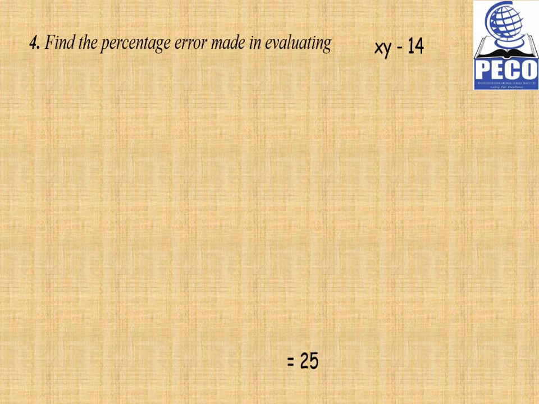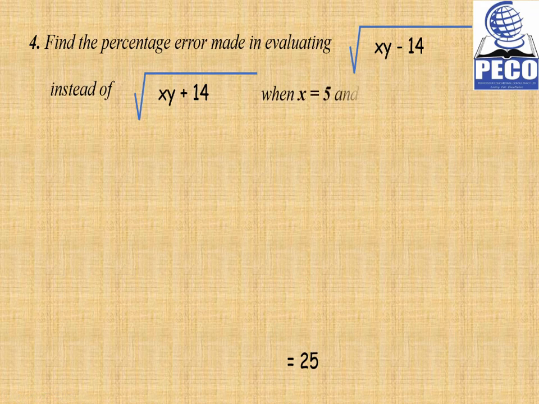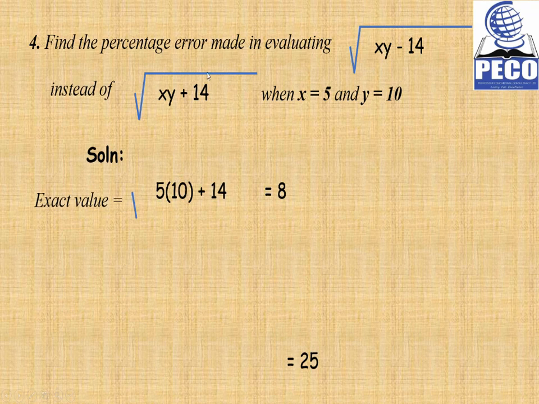Another question there. Find the percentage error made in evaluating the square root of xy minus 14 instead of evaluating the square root of xy plus 14 when x is 5 and y is 10. So this is the exact value, but instead of evaluating this, we evaluated this. So our exact value is this one, we substitute, and the square root, if we take a positive value, is the square root of 64, which is 8.